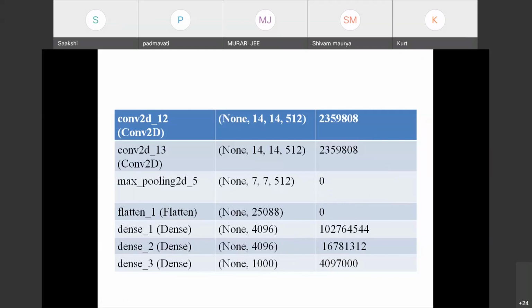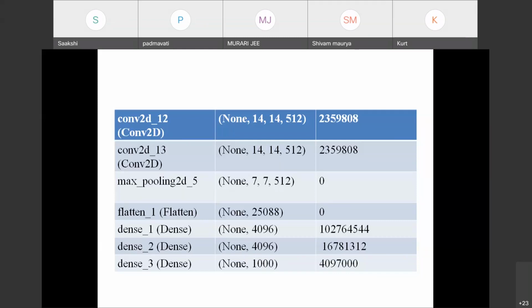Now, why is VGG 16 called VGG 16? Because of the 13 convolutional operations and 3 fully connected layers. And why are we not counting max pooling operations as layers? Because they do not have any learnable parameters. Hence, we only count those layers whose weights need to be learned.